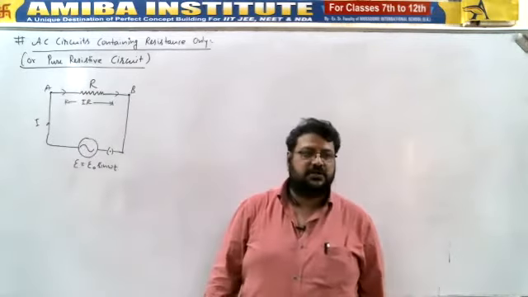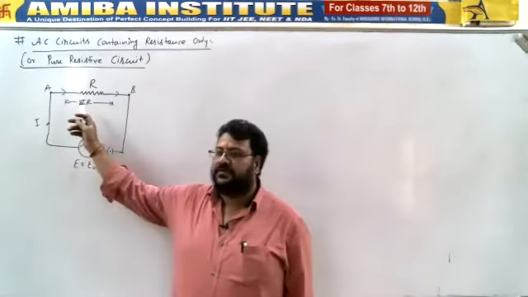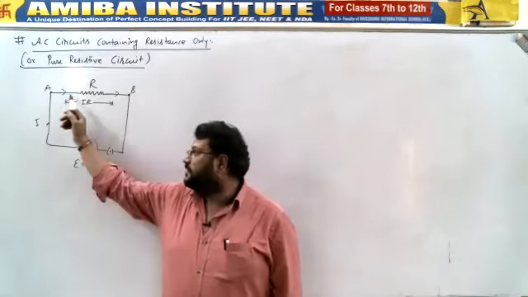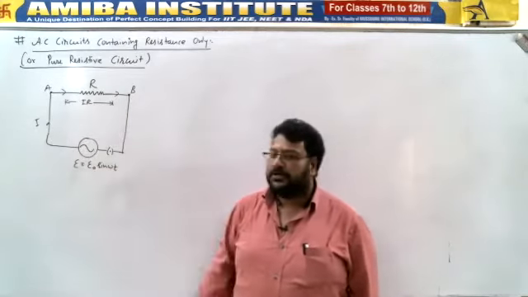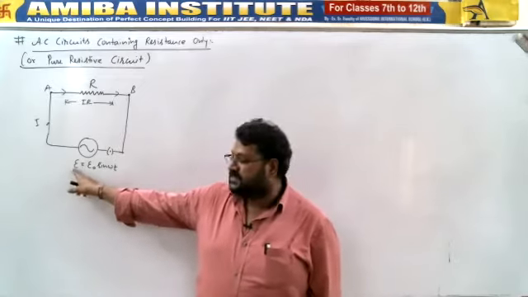Now this potential drop is basically between the terminals A and B. And between A and B, what potential difference is there?